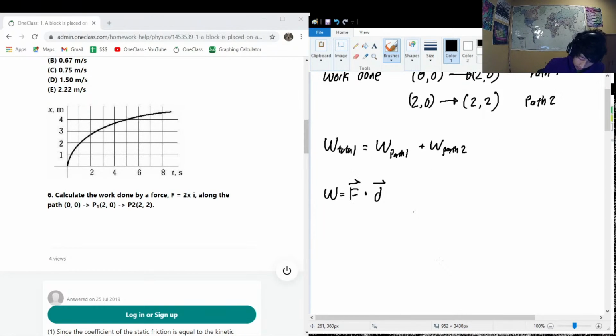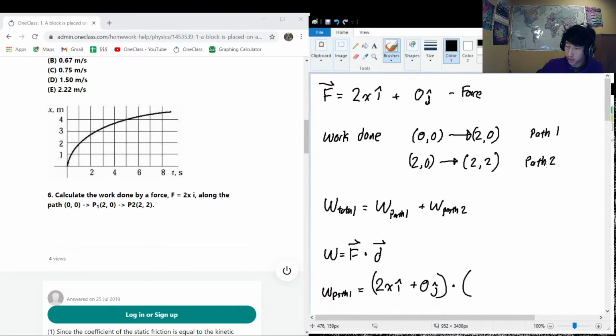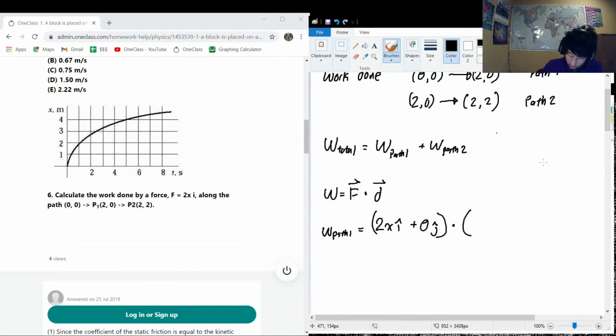Okay, so for path 1, our force vector is just going to be 2x in the i direction plus a 0 in the j direction, dot product with, now we have to find the distance between point 1 and point 2. So pretty much what you do here is 2 minus 0 in the i direction plus 0 minus 0 in the j direction.